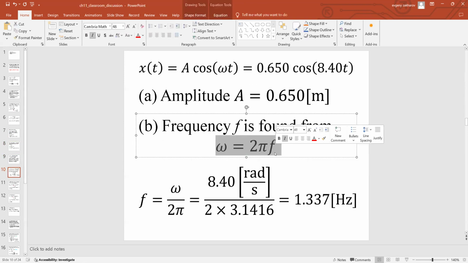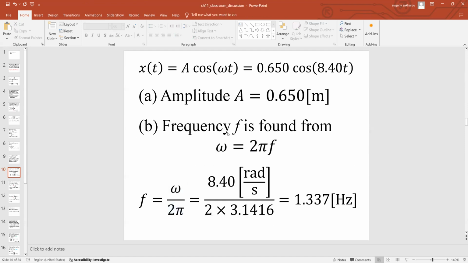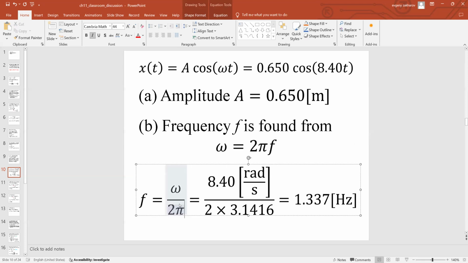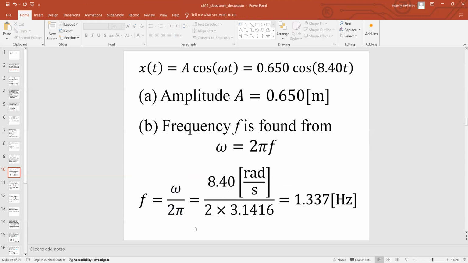And if it's divided by T, it's the inverse of T that we get the frequency. And this is the frequency that we are looking for. And omega is the angular frequency, which is a totally different thing. Yes, they are connected, but be careful with notation. Is it the angular frequency, or is it just frequency like we defined it before? So this time it is the frequency, not the angular one. And you solve for frequency.